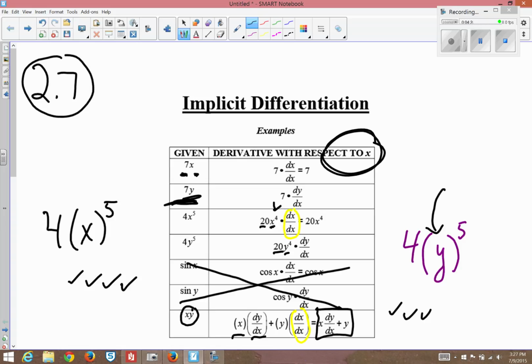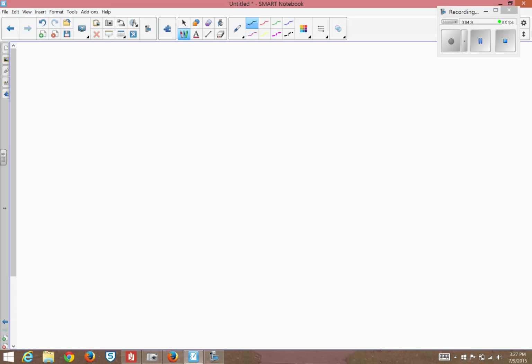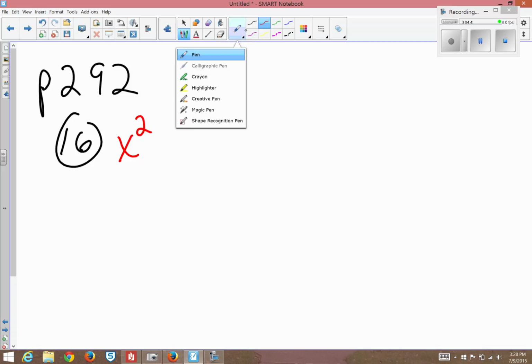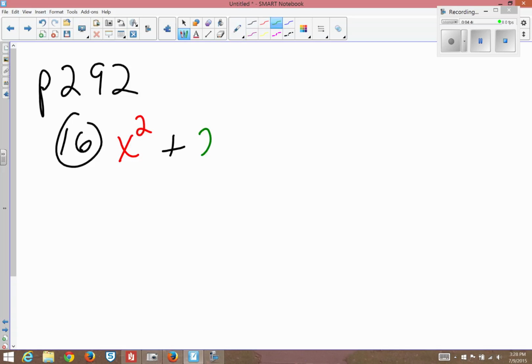On page 292, exercise 16 says x to the 2nd plus 2xy equals 3y squared.